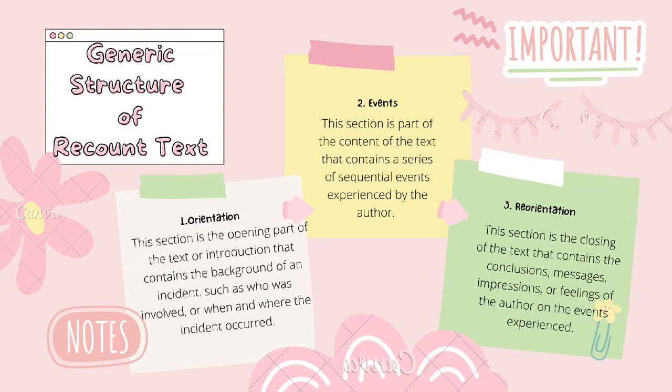The second is event. This section is part of the content of the text that contains a series of sequential events experienced by the author. And the last one is reorientation or conclusion. This section is the closing of the text that contains the conclusions, message, impression, or feelings of the author about the event experienced.